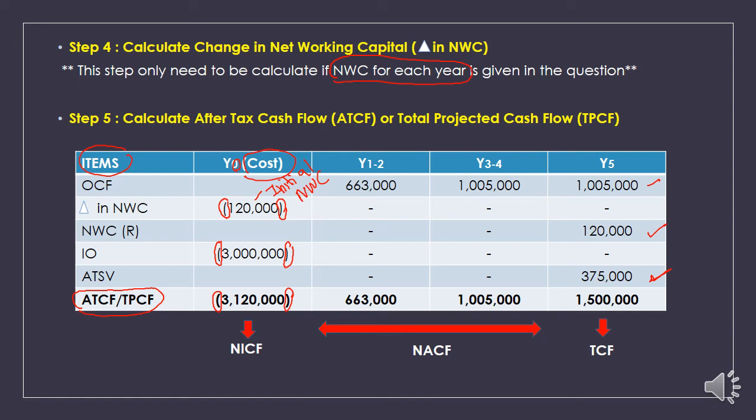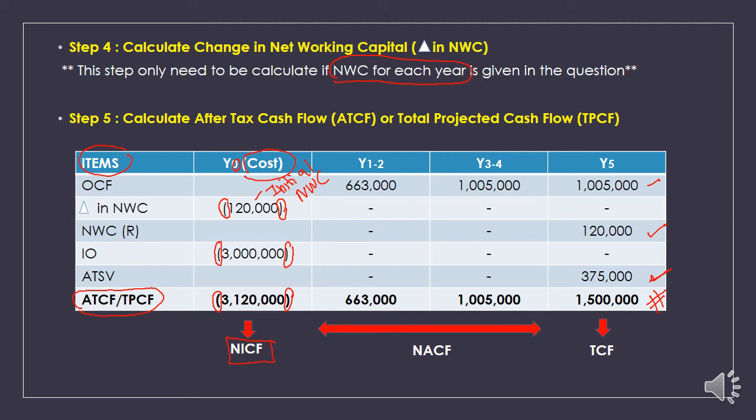Okay, so based on that calculation, here is your end answer for the after tax cash flow. From this information, you will get the amount of cost of the project, which is 3.12 million. The amount at year 0 is also represented by NICF, which is cost at the beginning of the project.